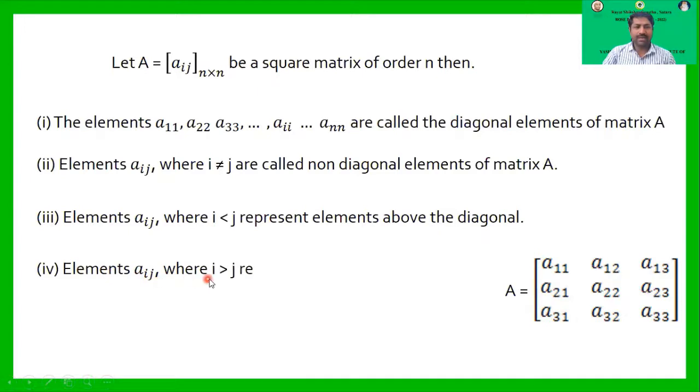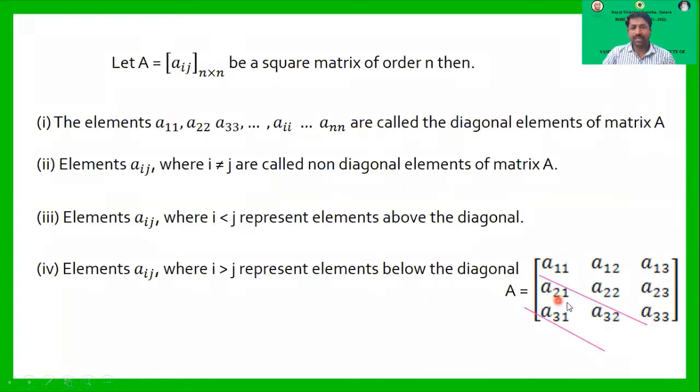Elements Aij where i greater than j represent elements below the diagonal. When i greater than j, then these are the elements between the two lines. Here we can see first suffix 2 greater than 1, 3 greater than 1, and 3 greater than 2. i greater than j.